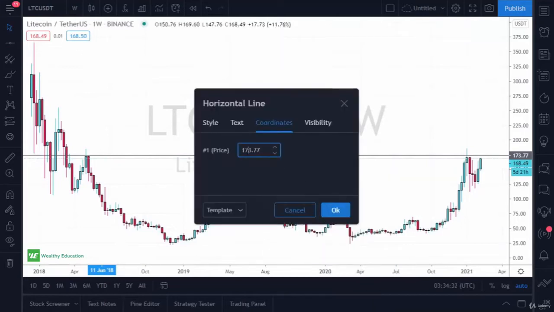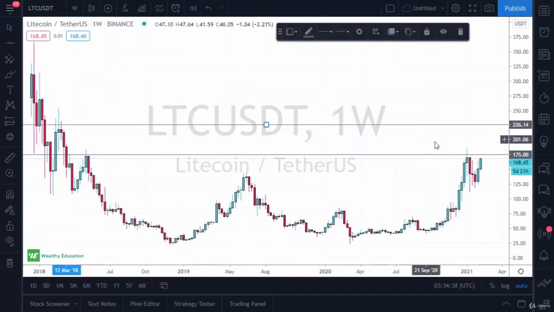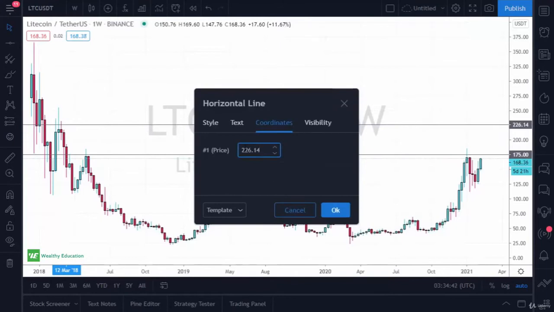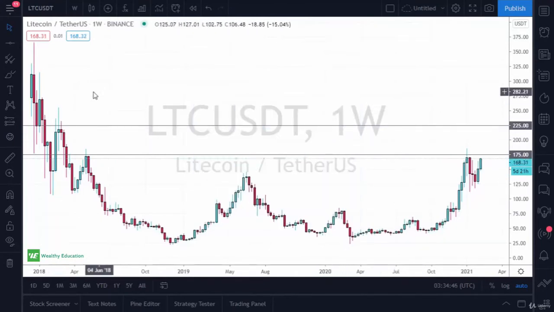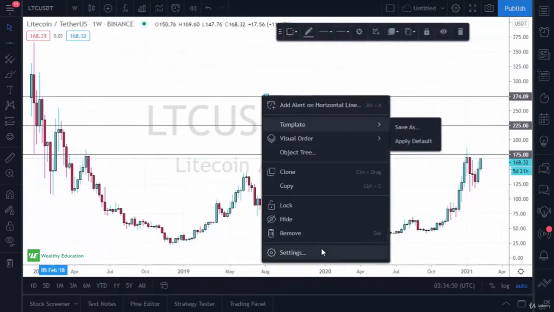So let's go ahead and make this 175. Let's see where we're at here. 2.25. And right here at 275.